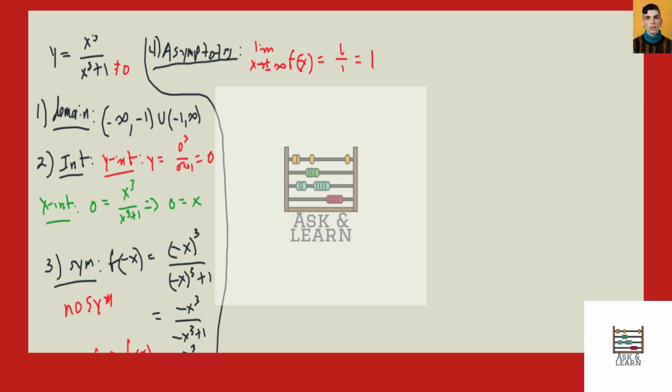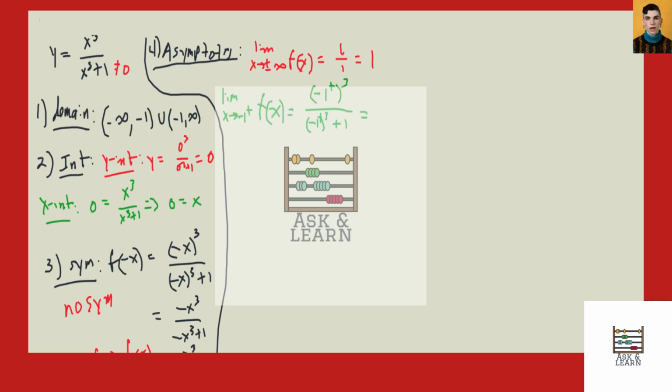Now we need to look for our behavior for our vertical asymptotes. So here, that would be where our denominator is equal to 0, which is going to be at x is equal to negative 1. So let's first look at negative 1 from the right of f of x. So we'll have negative 1 from the right cubed over negative 1 from the right cubed plus 1.